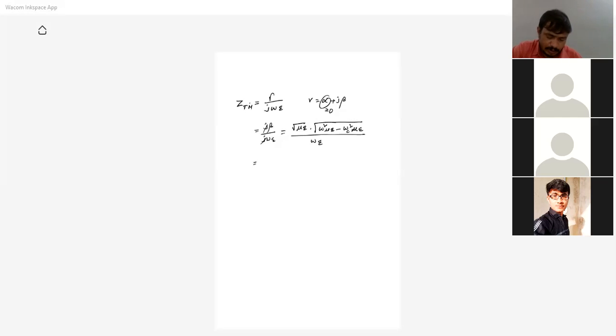You can take root mu into epsilon out, into omega root 1 minus omega c square by omega square.